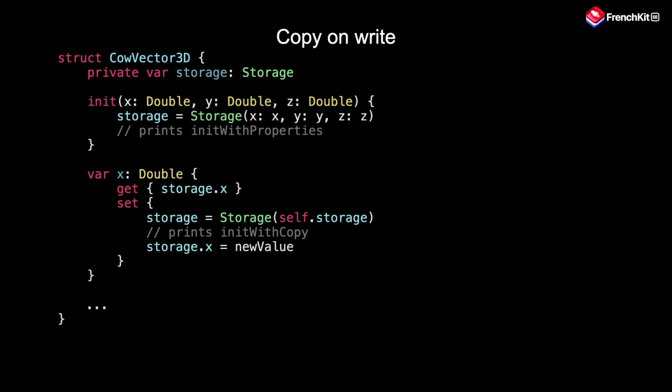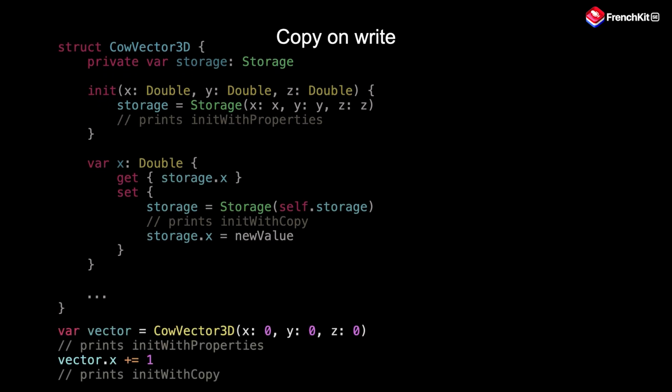This seems quite nice. But whenever I run these simple lines of code, I'm creating the vector, which prints out init with properties, which means I'm creating a storage. And when I'm modifying it, I'm duplicating the storage because, well, that's how we implemented it to be. It might not seem a big deal here because we're only duplicating 3 integers.